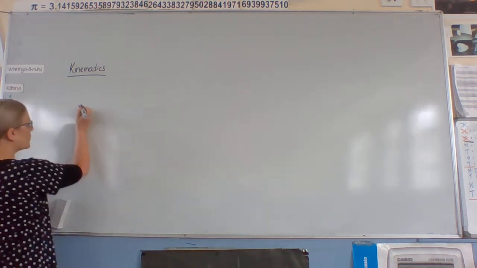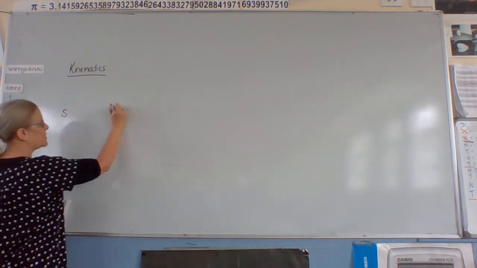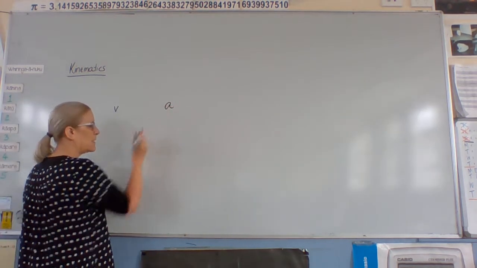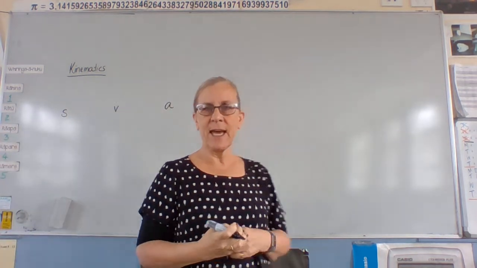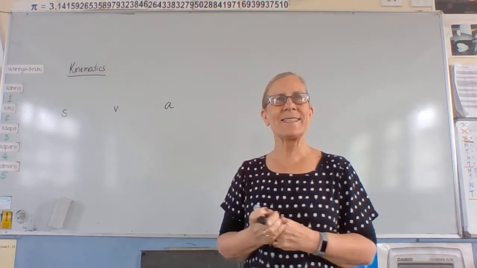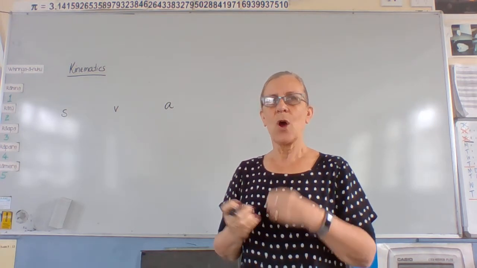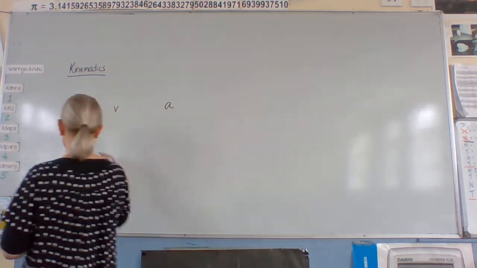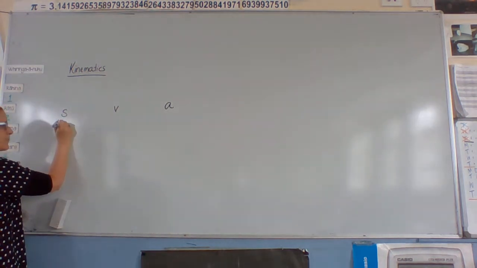So we have our three letters that we use in both subjects. We have S, V, and A. A is the easy one. So what does S stand for? Displacement. Oh, good. Displacement. All right.